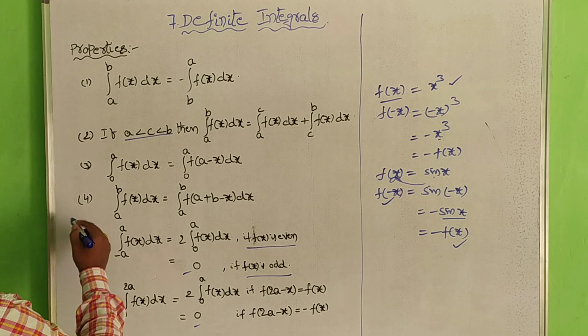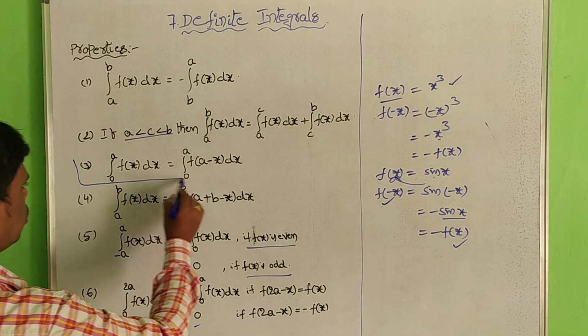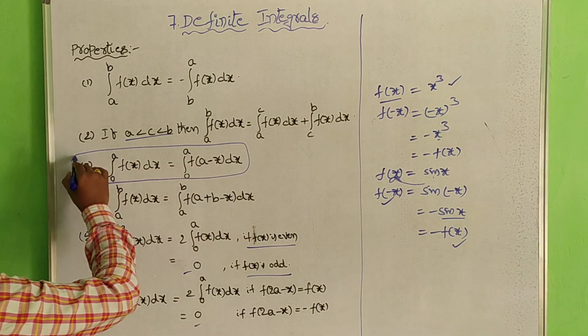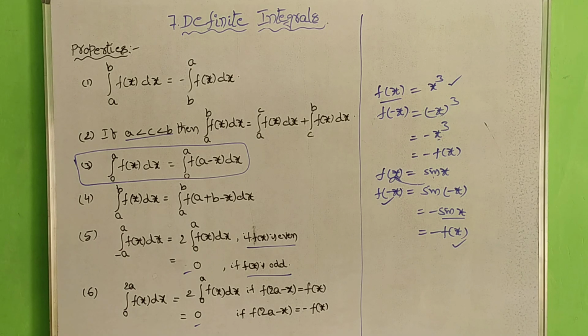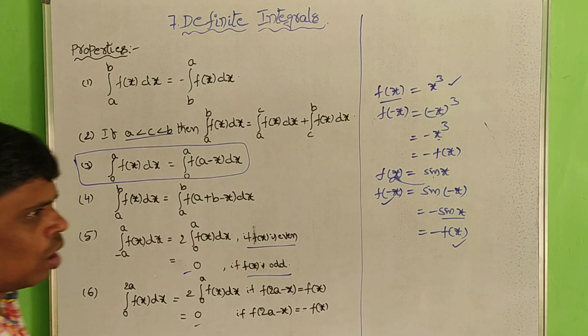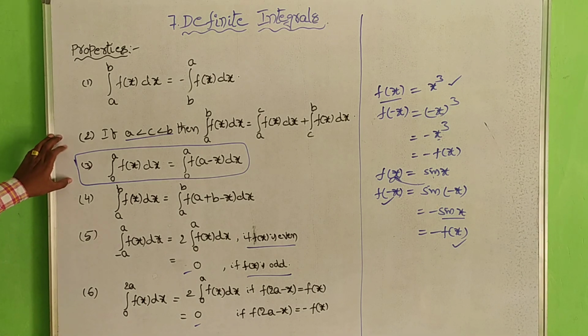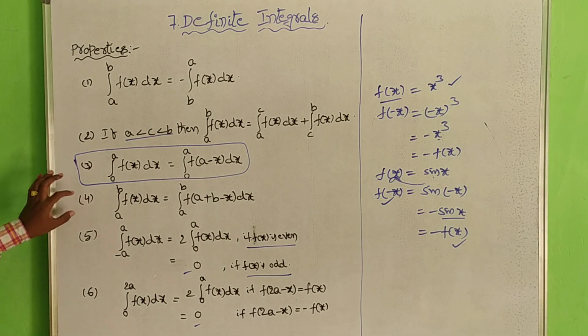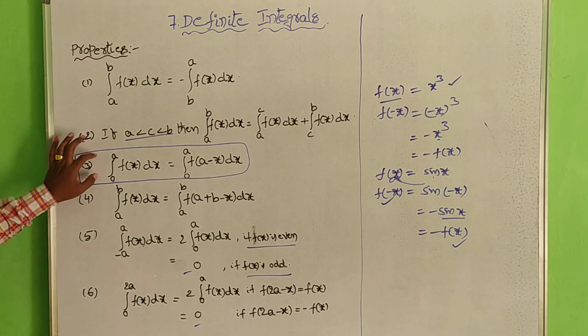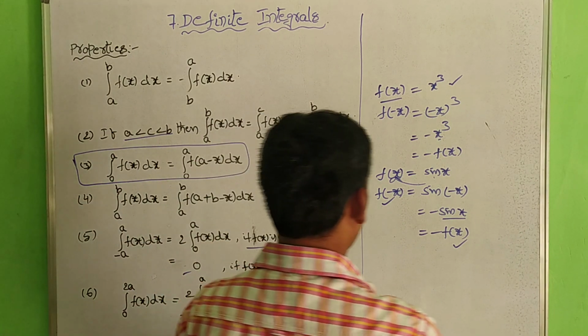This is the most important property. It is useful for any 7 marks problem in this chapter; all 7 marks problems mostly depend on this property, and it is useful in many of the problems.